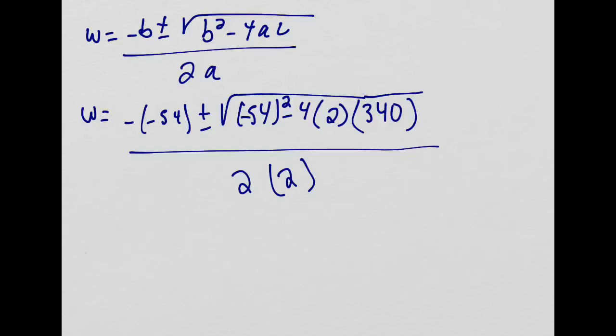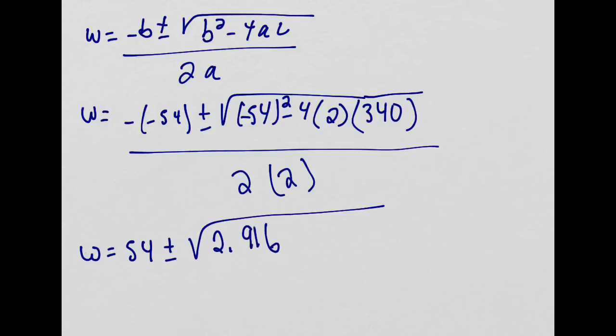Okay, now let's go ahead and simplify this little by little. Negative times negative is positive. That seems like a big number. 54 squared gives you 2,916. And then we have 4 times 2 times 340, which gives me minus 2,720, divided by 4.